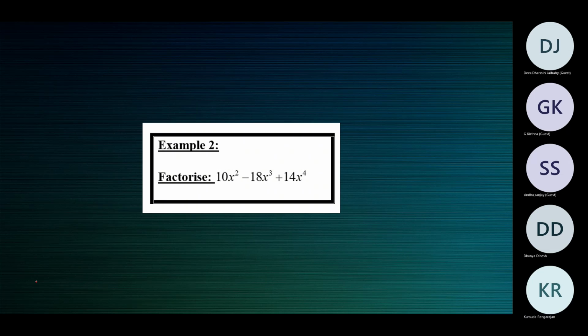Do this one. Follow the same steps. Here we have 3 terms. So write out 10x squared, 18x cubed and 14x to the power 4. Please show all the steps, not in one step. I don't want a one-step answer.